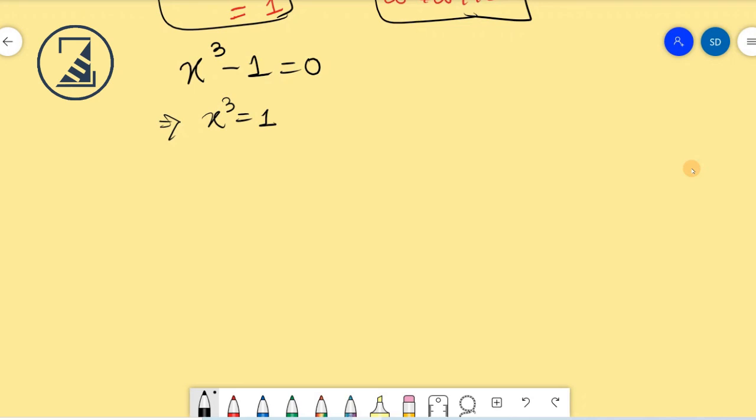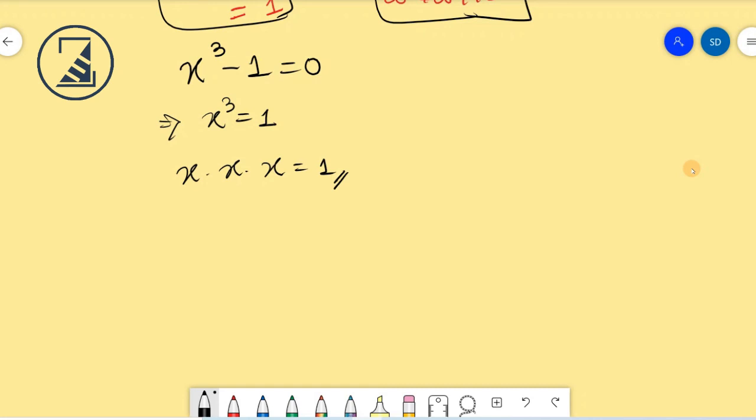So we have to find x such that when we multiply x, x and x, this is going to be 1. Now one solution we already know, that is x equal to 1, the trivial solution. Now we want to find two more solutions.